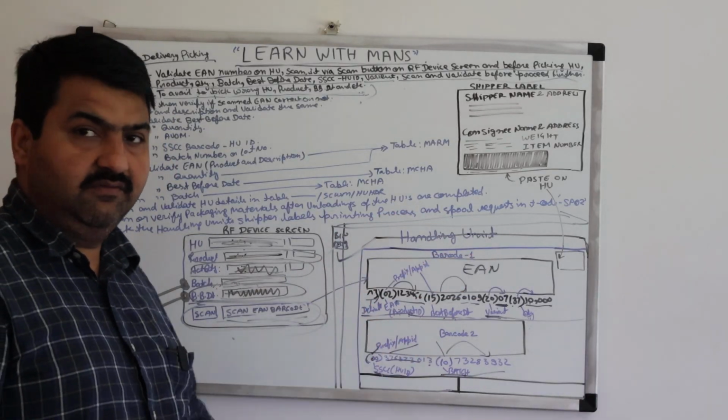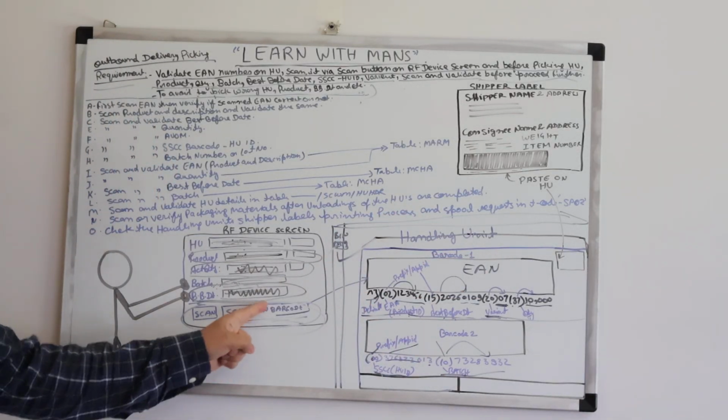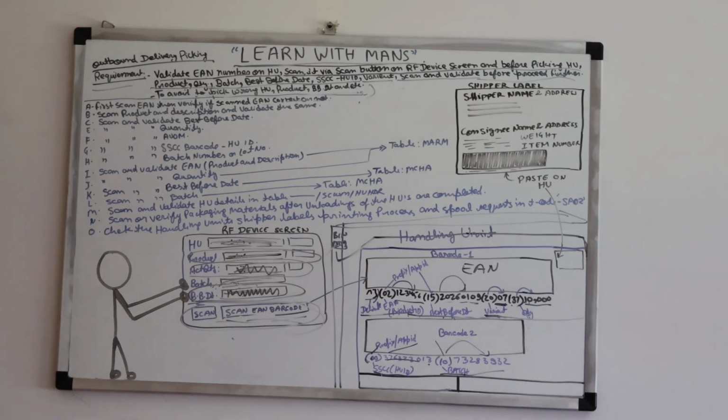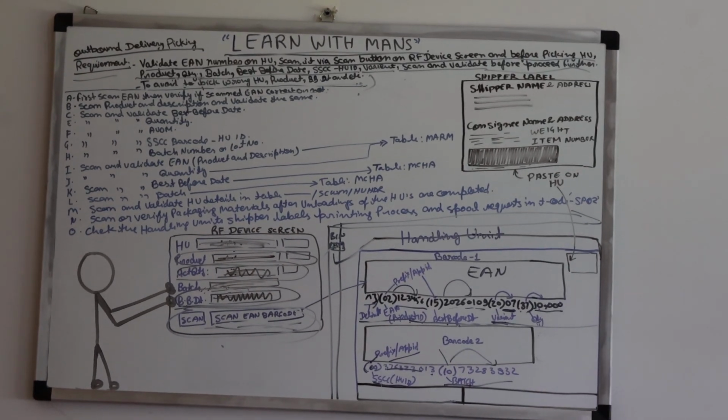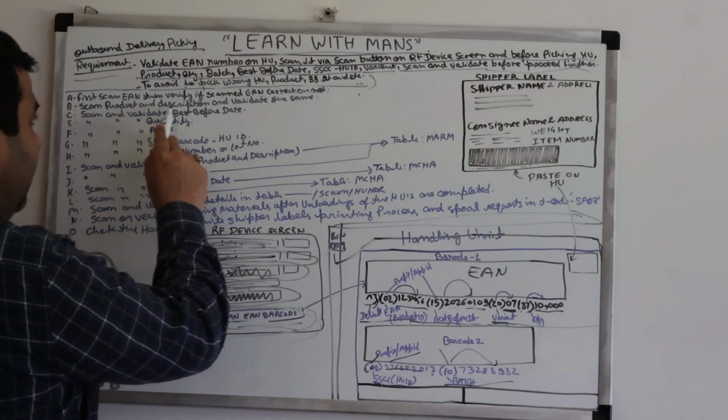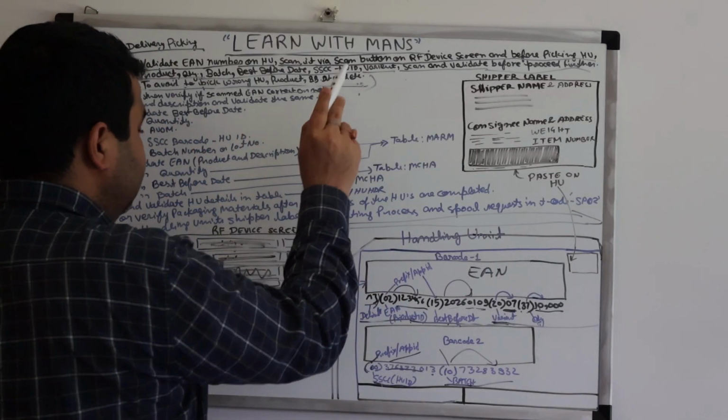So first he will verify, and I hope you can see the next point here. After this, the warehouse worker scans the product and description and validates the same.